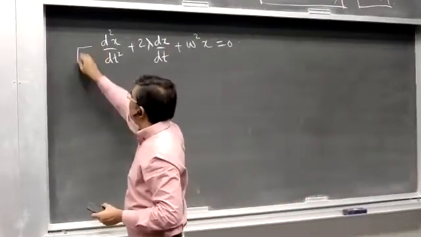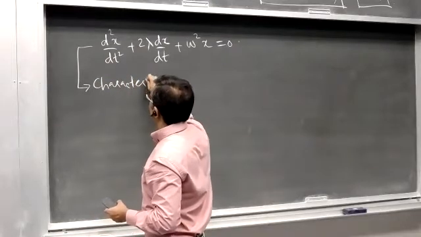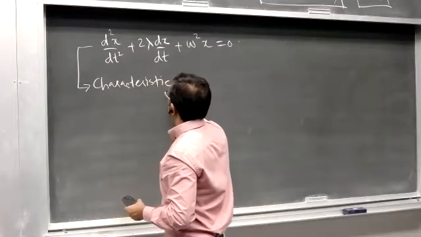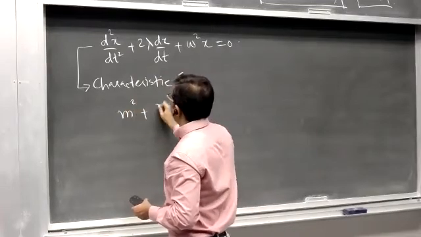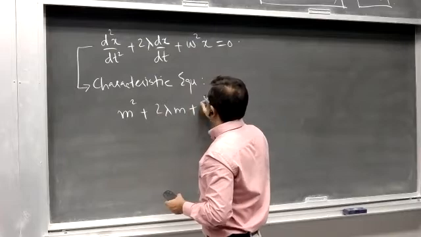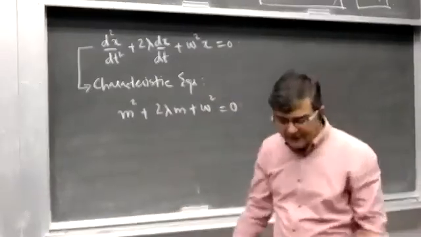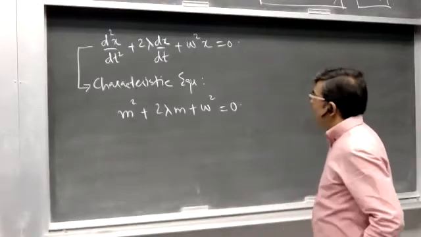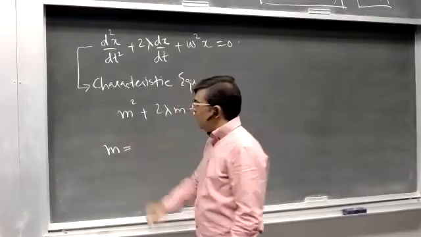We can write the characteristic equation easily as m square plus 2 lambda m plus omega square equal to 0. This is the characteristic equation, and we can find the roots of this equation easily by using the quadratic formula.